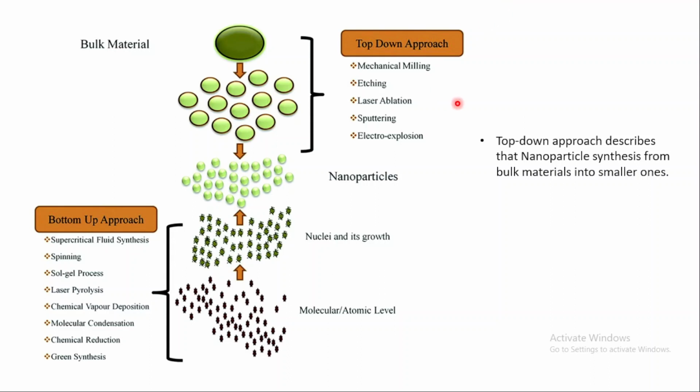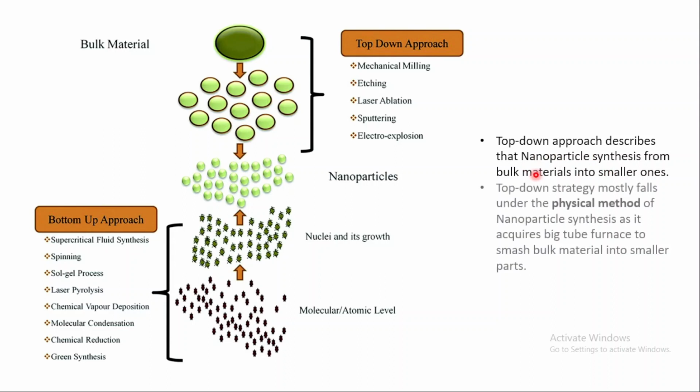So if you analyze it further, top down approach describes nanoparticle synthesis from bulk material into smaller ones. And top down strategy mostly falls under the physical method of nanoparticle synthesis. Why? Because it requires a big tube furnace to smash bulk material into smaller parts.